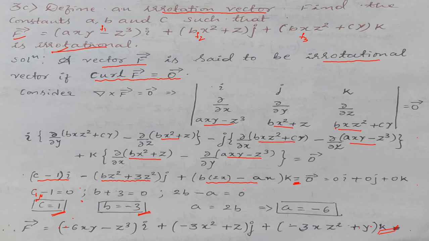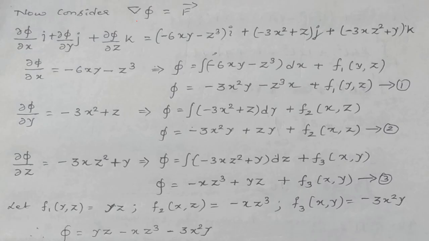In case they ask to find a scalar potential, there is a chance of asking that, so I am extending the problem further, as I am explaining the question paper pattern. If they give the question with the scalar potential, you can follow like this. Consider del phi equal to vector f.